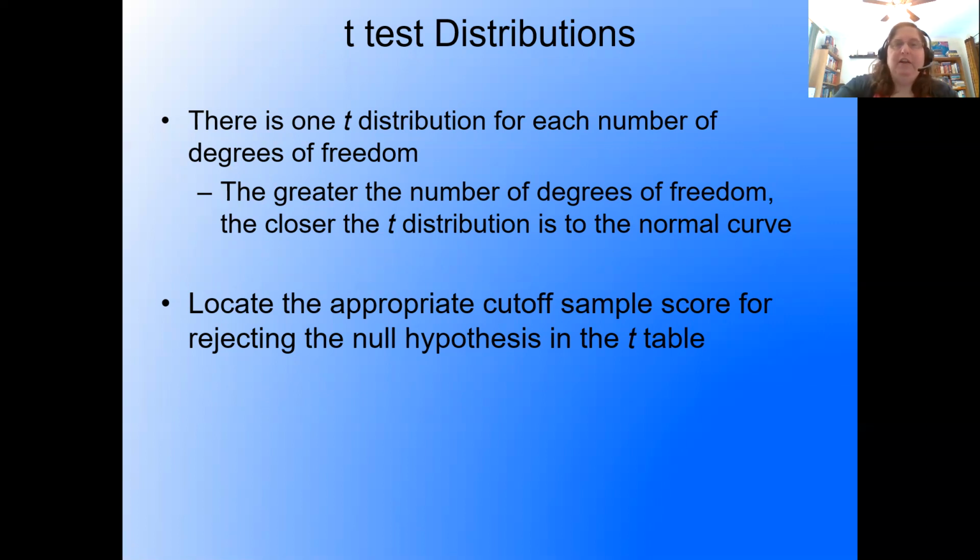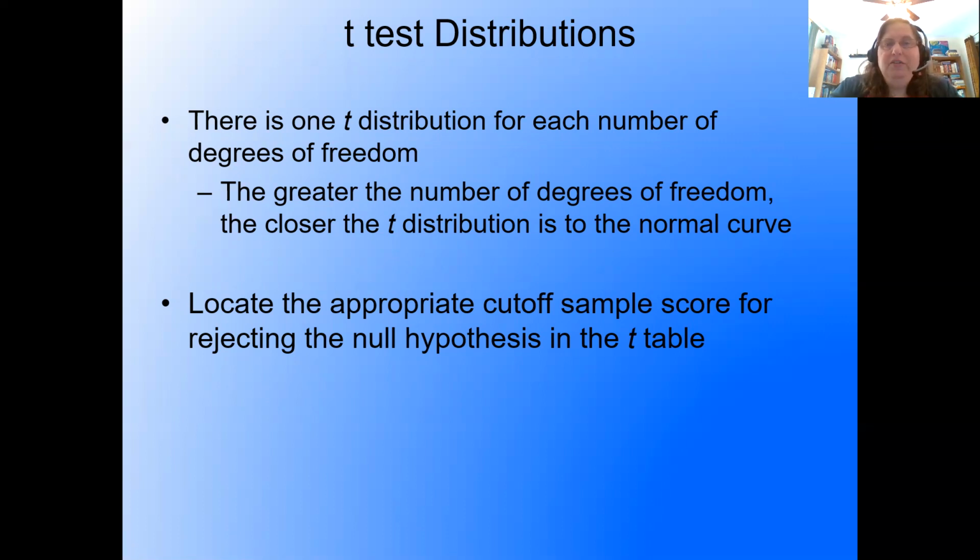Okay, so let's think about that for a minute. As the number of degrees of freedom increases, what else is increasing? Sample size, because degrees of freedom is simply sample size minus 1. So as degrees of freedom goes up, sample size goes up.